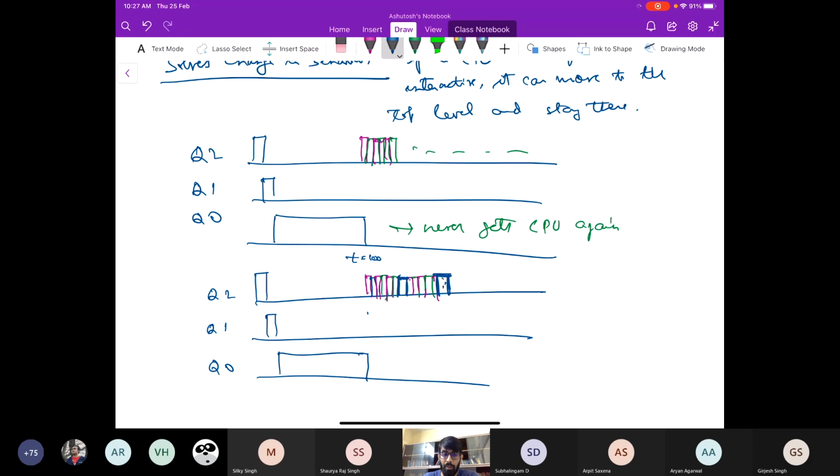If it starts releasing the CPU, then it will not move down. Any questions about this? No? Okay.